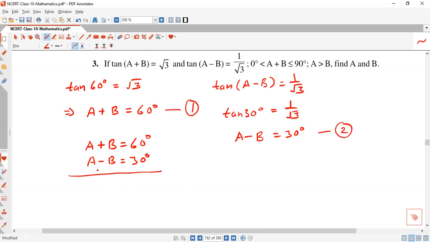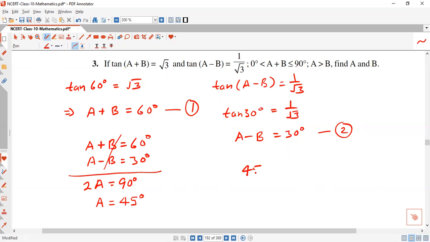Add these two equations. B cancels out. 2A equals 90 degree. And A comes out 45 degree. The value of A is 45 degree. So where A is 45 degree, we put this value of A in equation number 1.